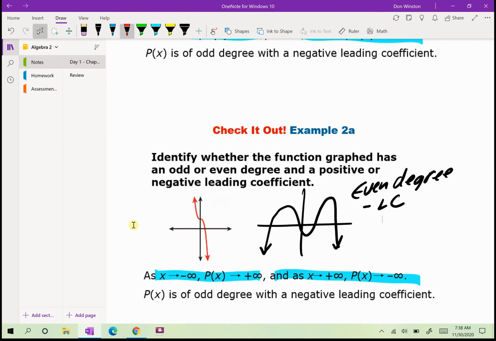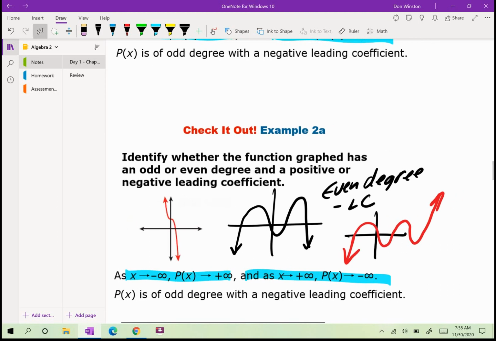And what if I had something like this here? That would be odd degree. It rises on the right and falls on the left. So that would be odd degree with a positive leading coefficient.